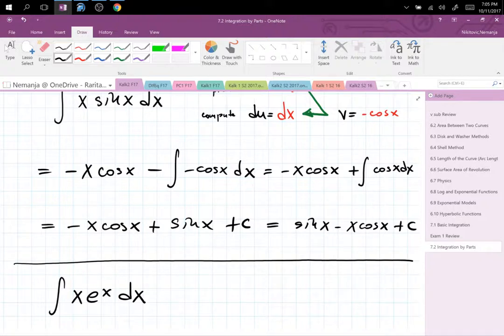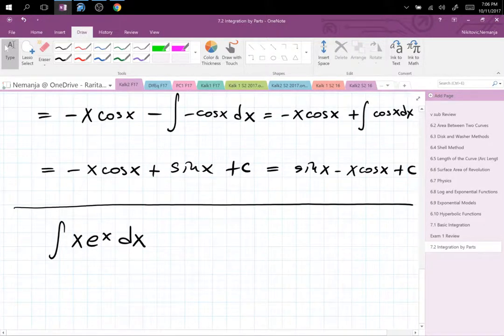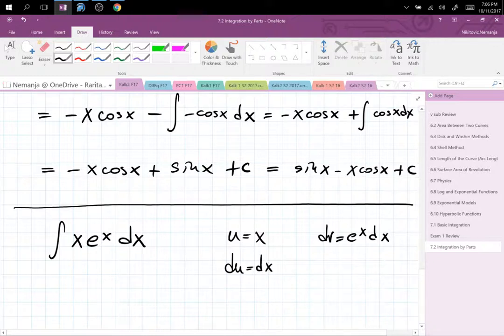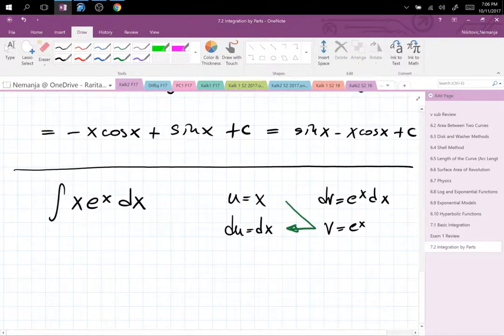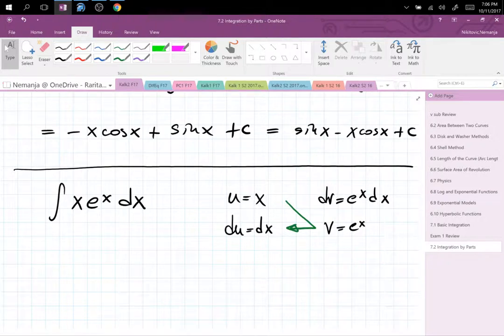All right. So the same procedure. u equals x, dv equals e to the x dx, and then du equals dx when you differentiate, and v equals just e to the x when you integrate. Put our green arrow there. See what I did there?